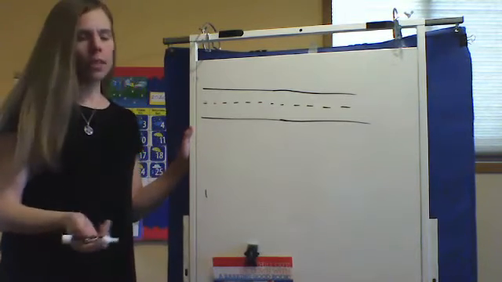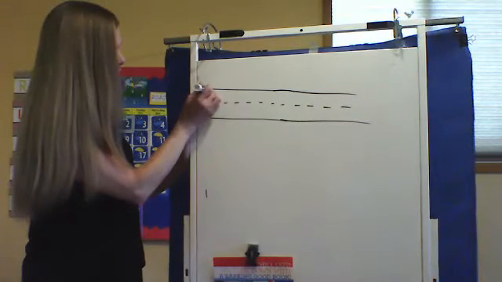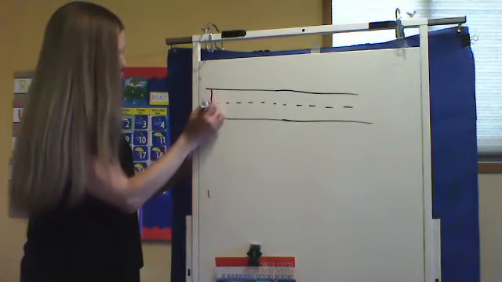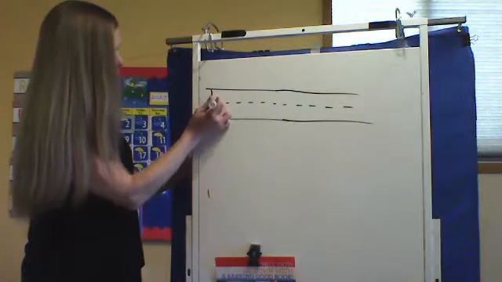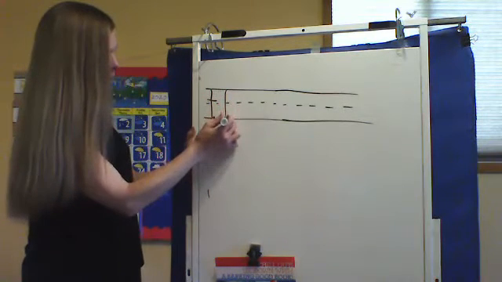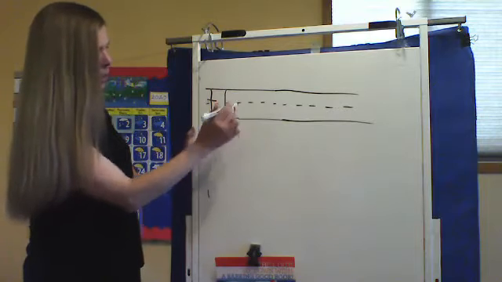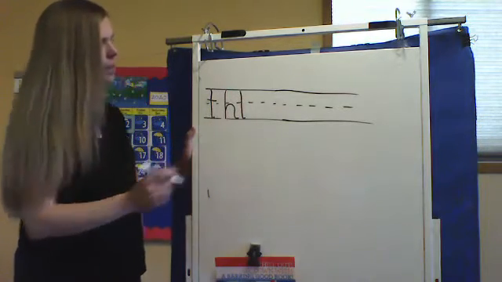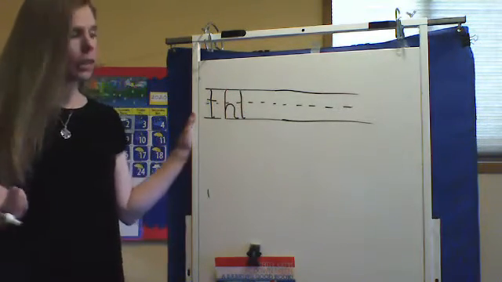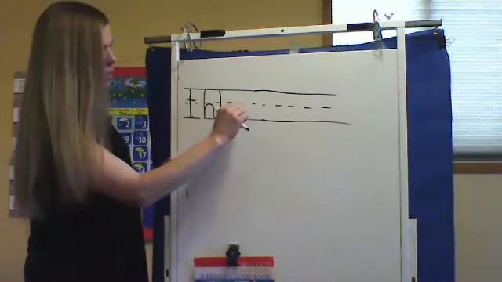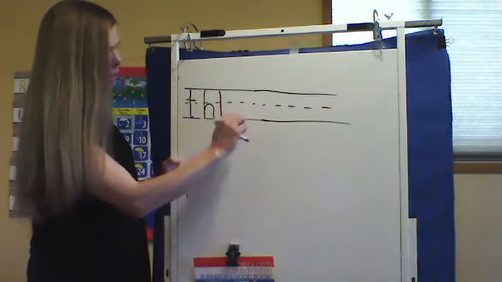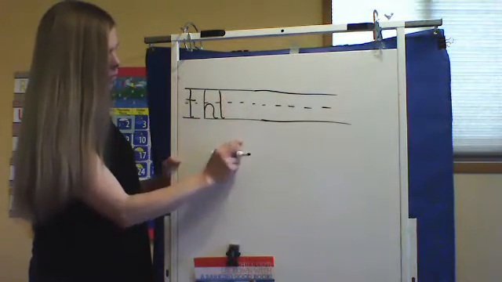So a tall letter is a letter that starts at the top line and goes to the bottom line, like the letter T, or like the letter H. It goes from the top line to the bottom line. It would be the letter L. And then there's short letters, letters that start from the dotted line and then just sit on the bottom line. They don't go above, they don't go below.